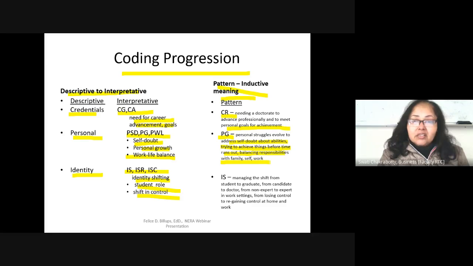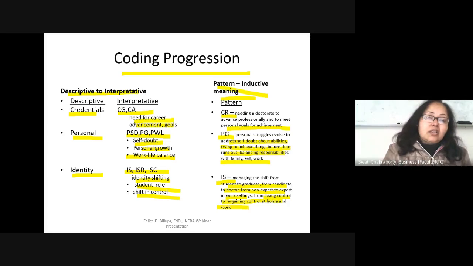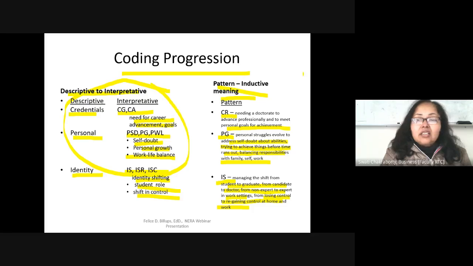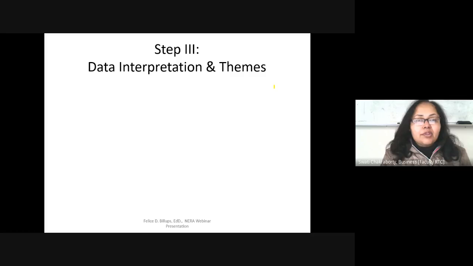So these are the inductive meanings that come up. Then identity shift, where we're managing to shift from student to graduate, from candidate to doctor, from non-expert to expert in work settings, from losing control to regaining control at home and work. So that's how the progression happens.